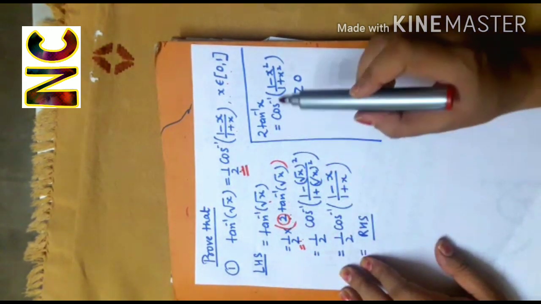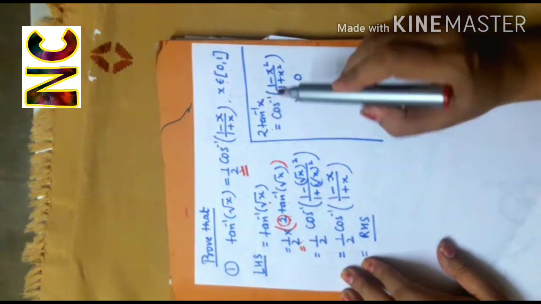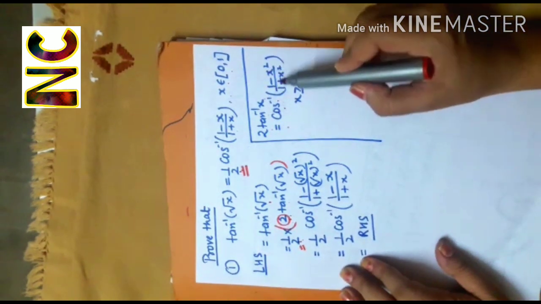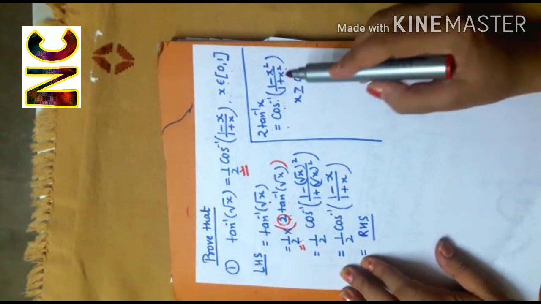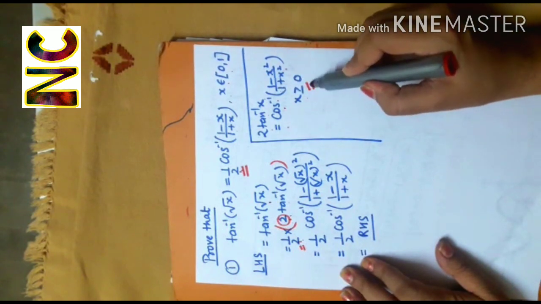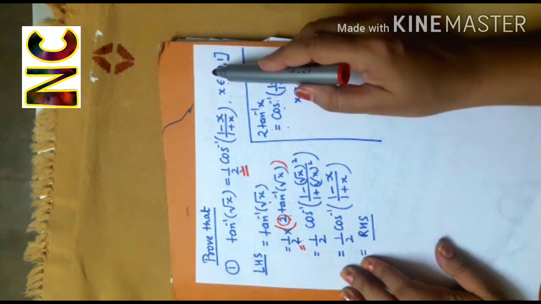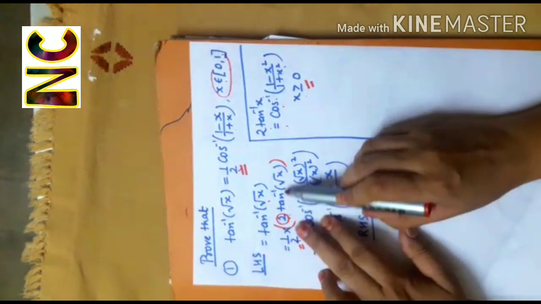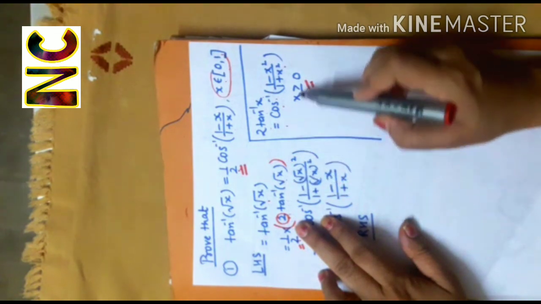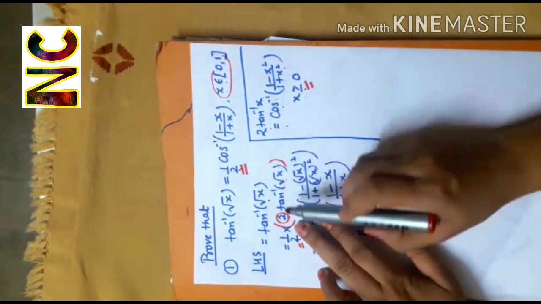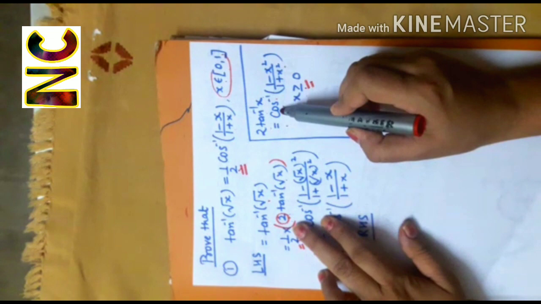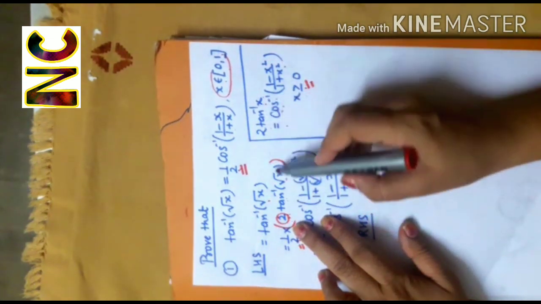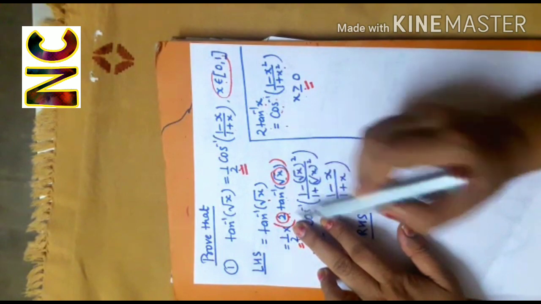Now we know that 2 tan⁻¹x is equal to cos⁻¹((1 − x²)/(1 + x²)) when x is greater than or equal to 0. Now as x belongs to this interval, √x will definitely be greater than or equal to 0. So I'll apply this formula 2 tan⁻¹x, and the role of x is being played by √x.